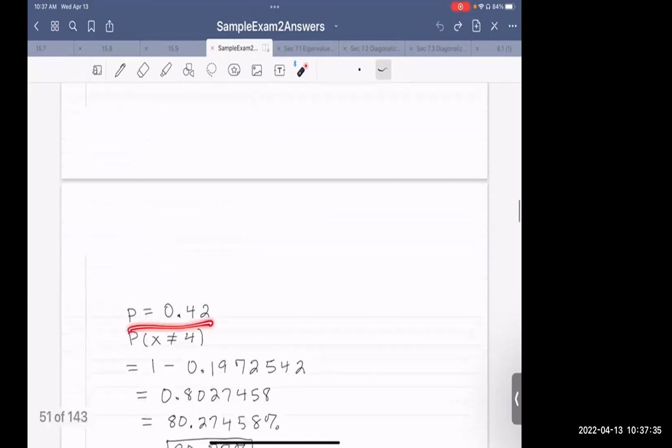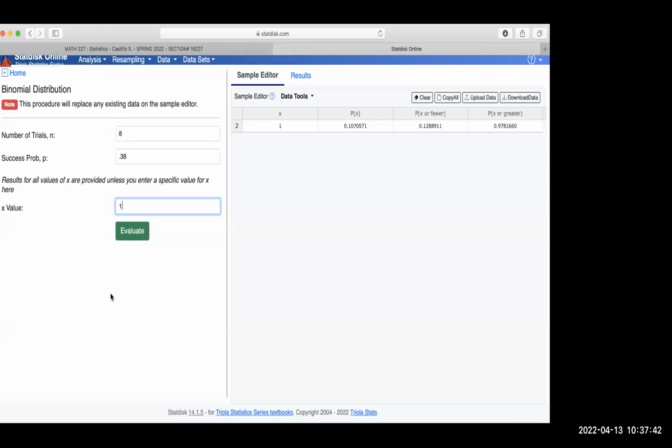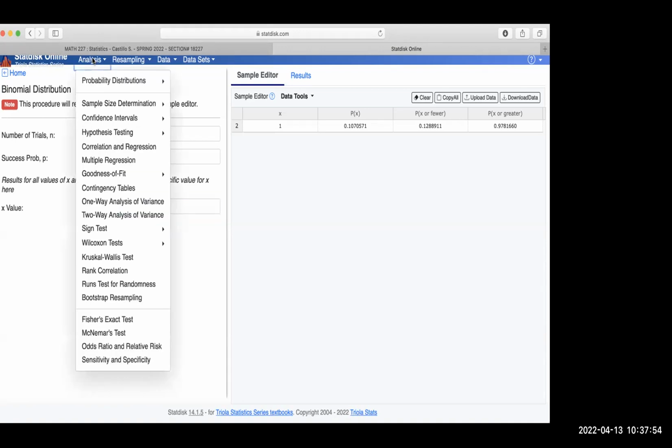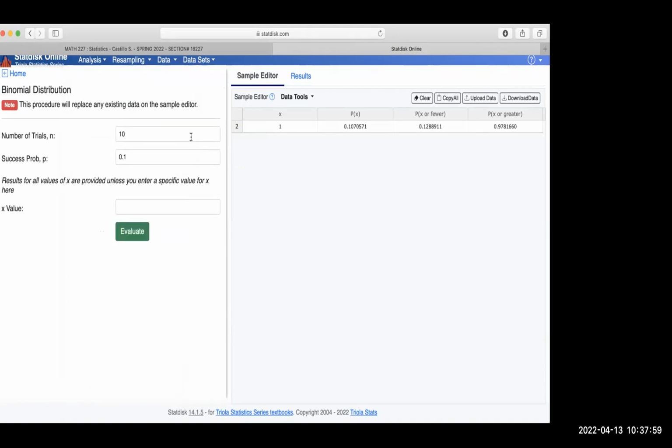12, p equals 0.42. I want to find the probability that x is not equal to 4. And so let me do that. Let's go up to analysis, click on probability distributions and binomial distribution. I have here that n is equal to 12. The probability of success, p, is 0.42.